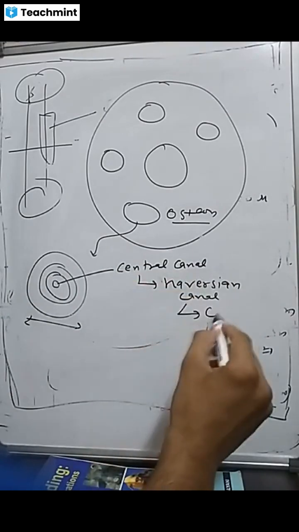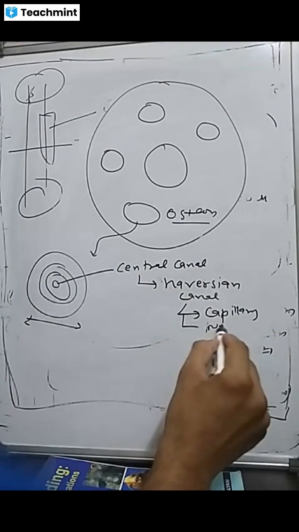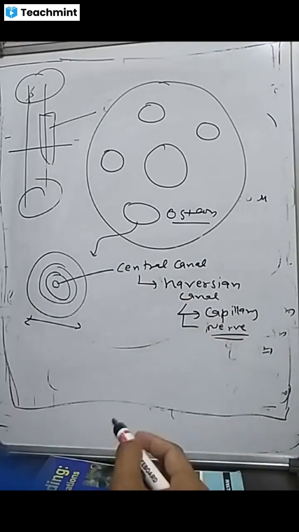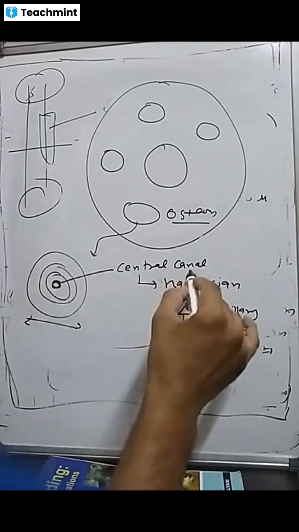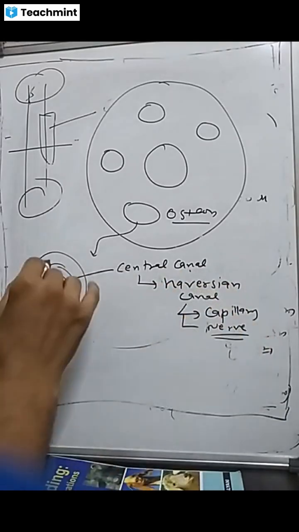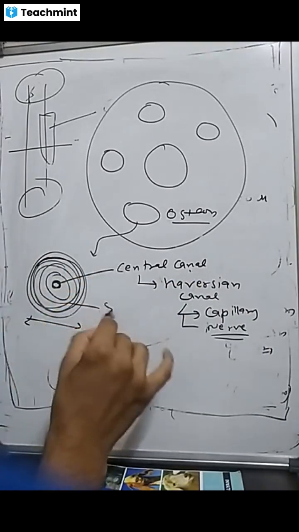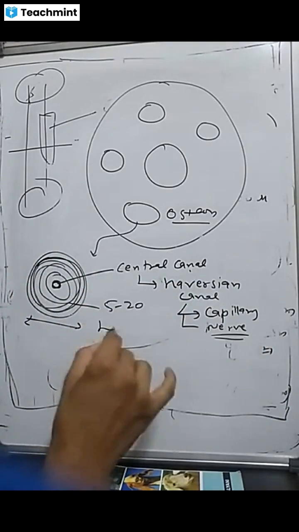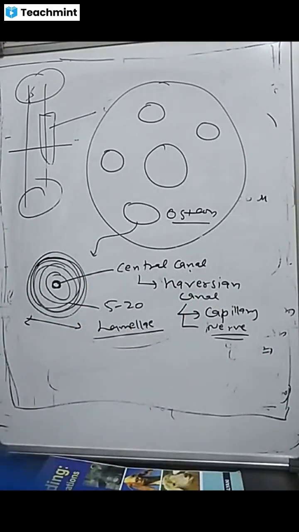Fine canals are there. So in the center we have the central canal, and outside of this there are many circles, which are called lamellae.